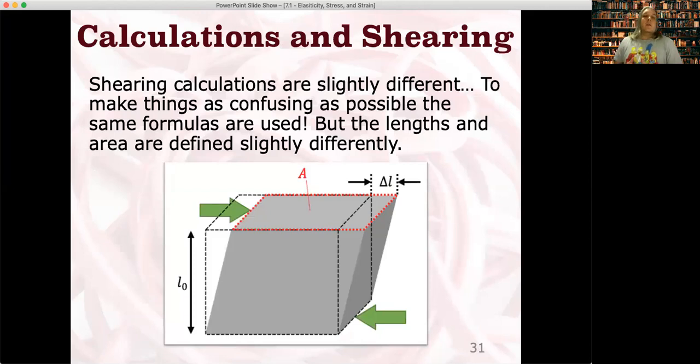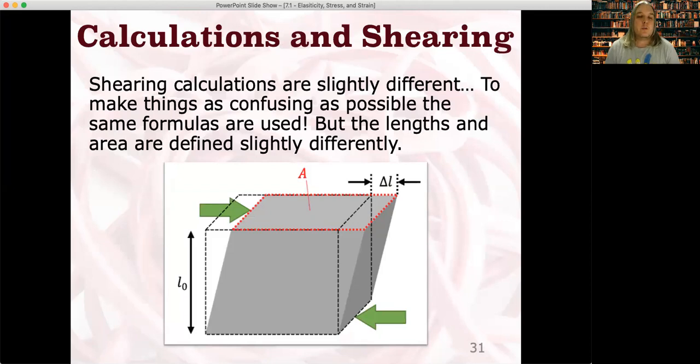So for shearing, we do have to make some slight adjustments to the calculations, not in terms of the terms and the formulas we use, but just in terms of what they apply to. Now that might actually end up being more confusing, but that is the way the terminology has ended up being used. So we still use the same terms. We still use area, change in length, and original length L naught, but now they apply to very different things. So I've done a diagram on this slide, which is the easiest way for me to show that to you.